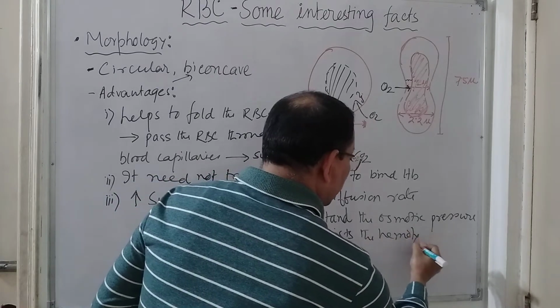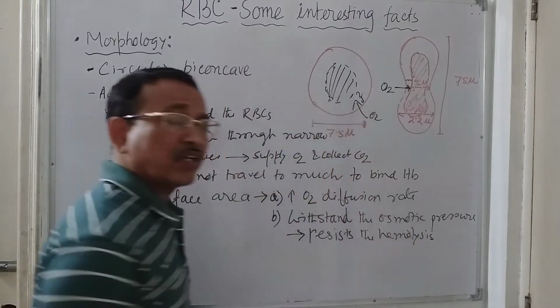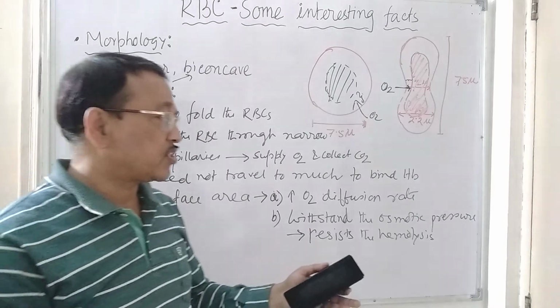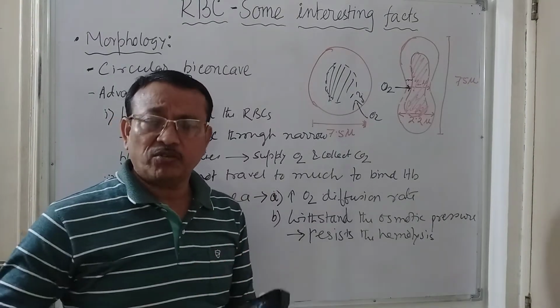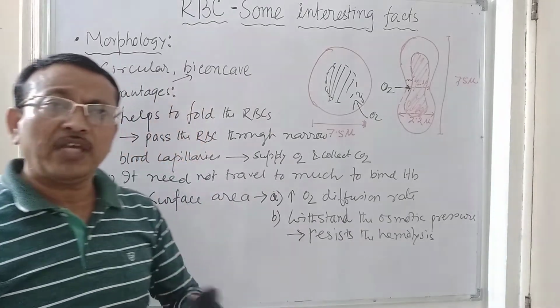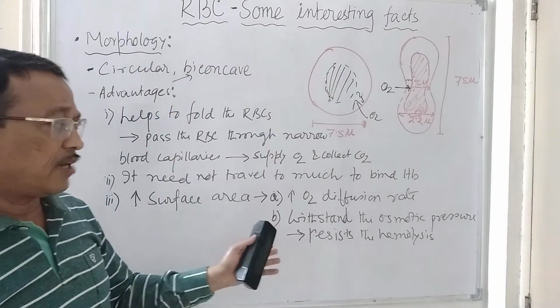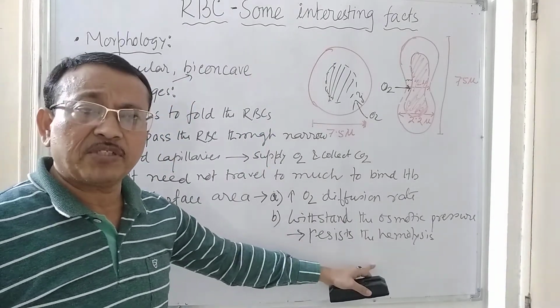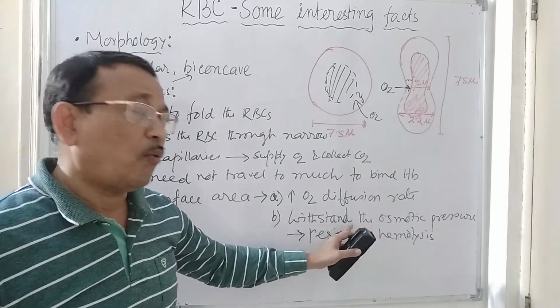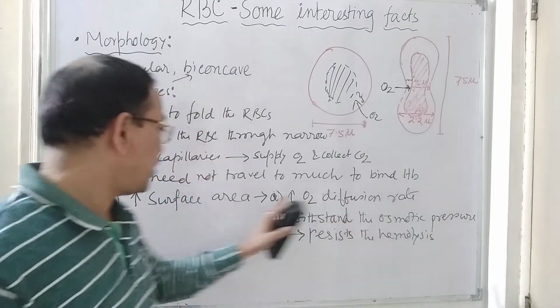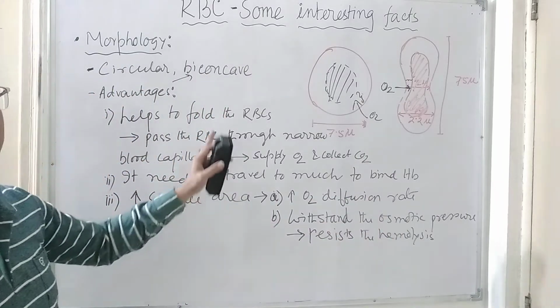Hemolysis or RBC breakdown is prevented. If the osmotic pressure is more, then what happens? Because of the osmotic pressure, the water will come in, the RBC will swell up, and thereby there can be hemolysis of the RBC. So that is prevented by overcoming the osmotic pressure because of the increased surface area of the RBCs.